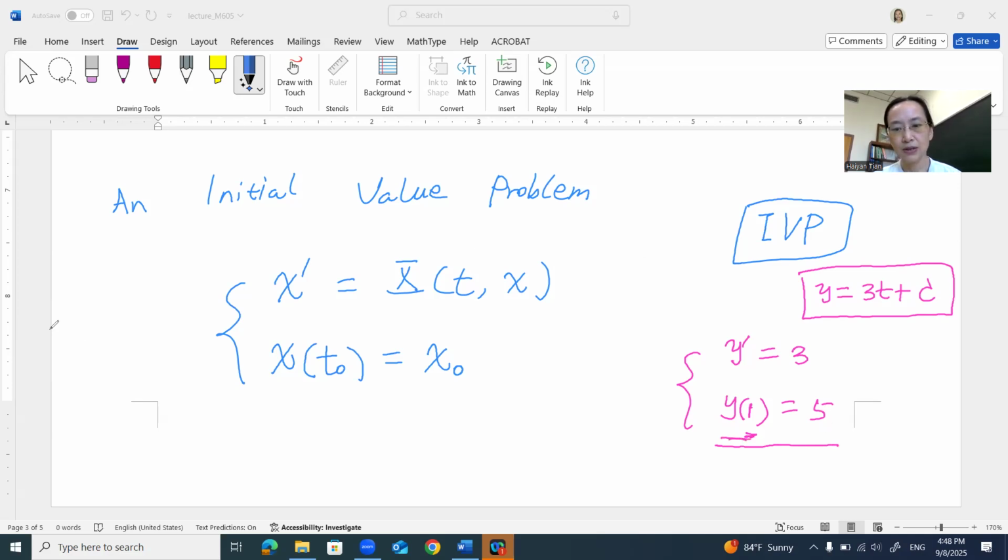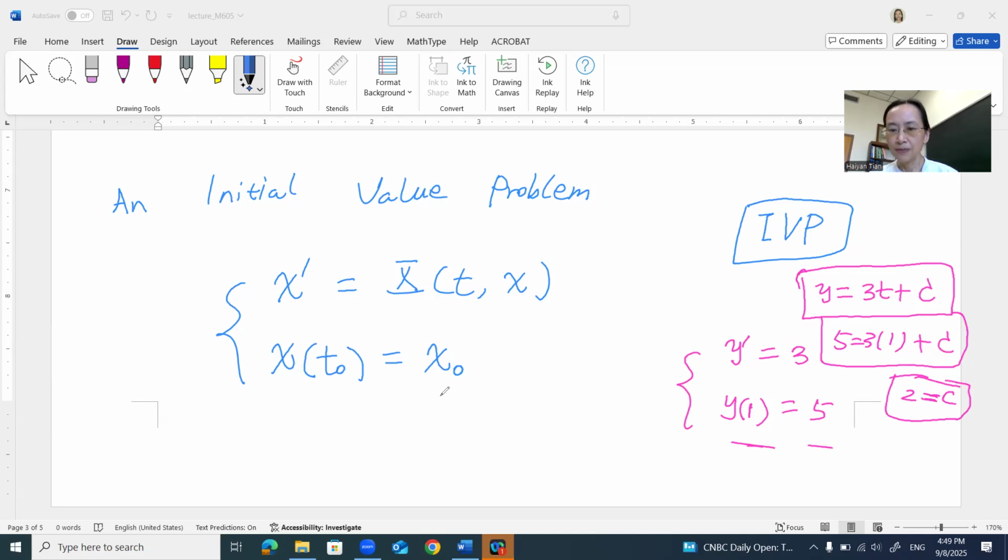So let's quickly decide. Not all these straight lines will pass through this point, 1, 5. Let's say which one will pass through. So if t is 1, y has to be 5. So then from this, we can see the c has to be 5 minus 3, which is 2.